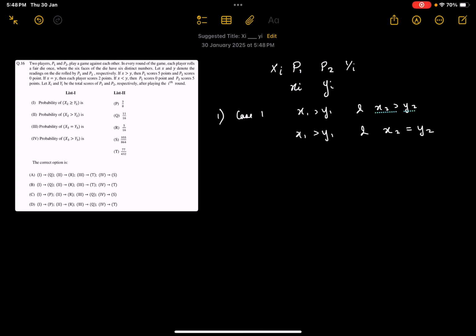We cannot have y1 less than x1 or y2 less than x2. We can, in fact, because we can have x1 less than... or let's take this case: x1 equals y1 and x2 greater than y2, and x1 equals y1, x2 equals y2.